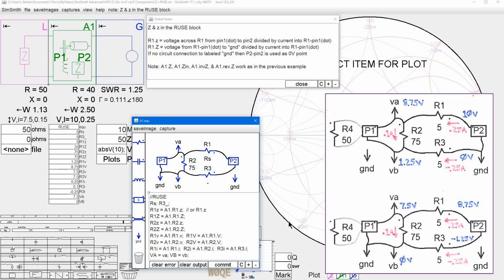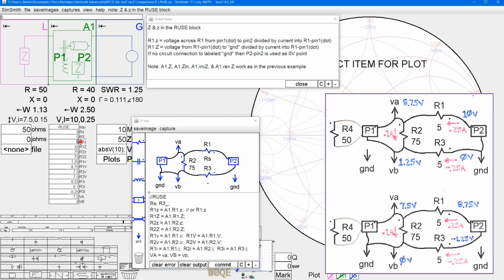R1 dot small z now is 8.75 minus 7.5, or again 1.25 volts divided by 0.25 amps, which is 5 ohms. R1 dot capital Z is 8.75 volts divided by 0.25 amps, or 35 ohms.